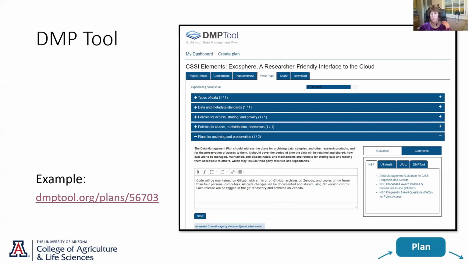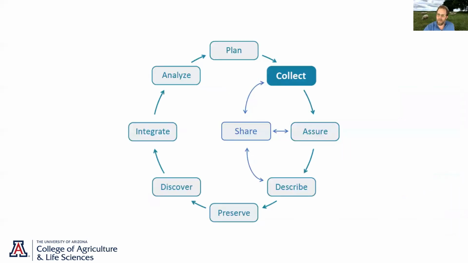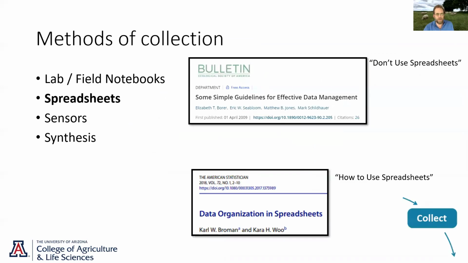Okay, so that covers the planning part. Not all of it, but a lot of the rest of the talk will include the elements of the plan, because as you plan, you're going to need to know how to collect the data, which is the next step. There are a lot of different methods of collection.